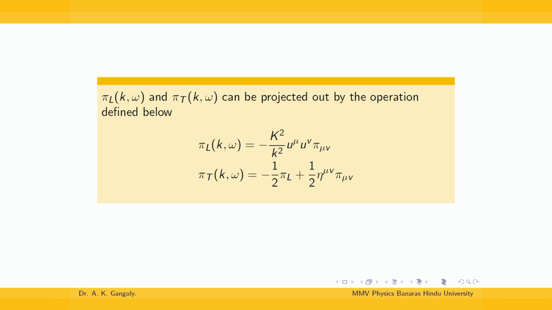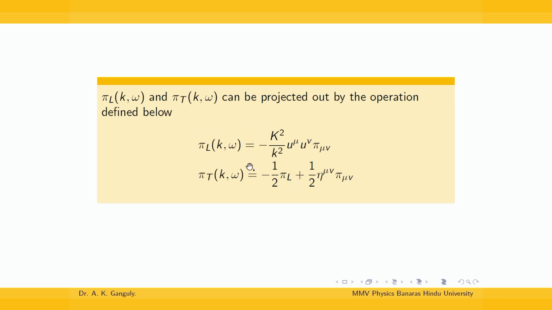Mathematically speaking, there are something called projection operators, and once one uses the property of the projection operators and multiplies the polarization tensor by them from the left, they become equal to the form factors times some kinematical variables.